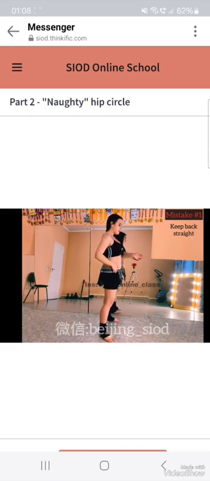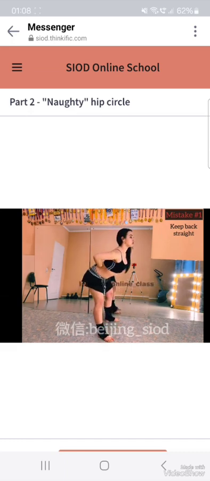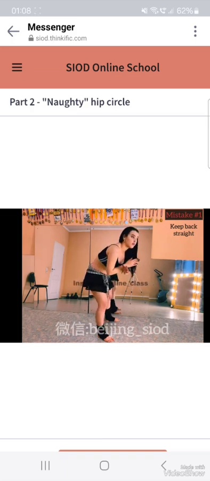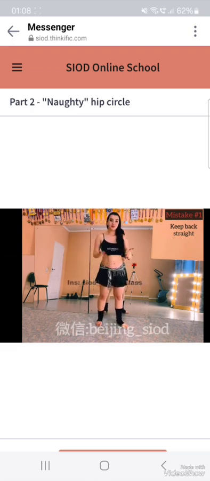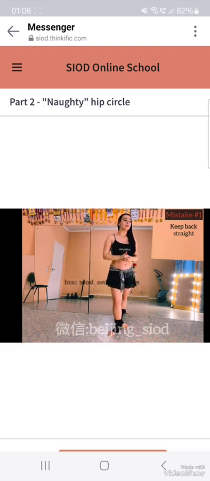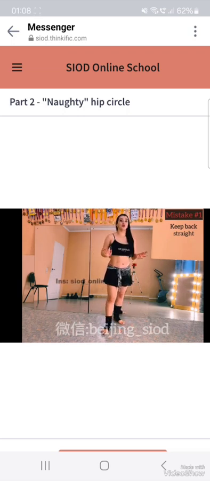When you do any hip circle, you must have a straight back. Please, no rounded backs, no. Because we are young and beautiful girls and women. You need to always have a straight back in any movements you do, in normal life and also in your dancing life.